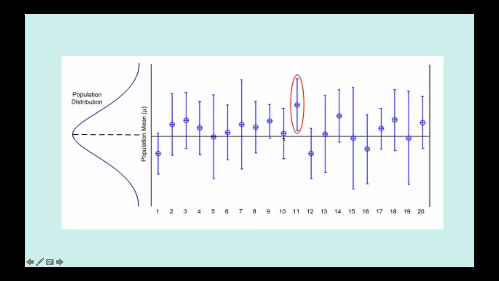The only one here where the population mean is not included within the 95% confidence interval of the sample mean is this value right here. So for this sample group, we can say that there's a statistically significant difference between the sample mean and the population mean. Something happened here where we took a sample of a group that was predisposed to be different from the population at large.